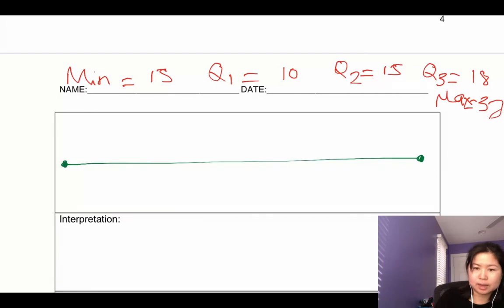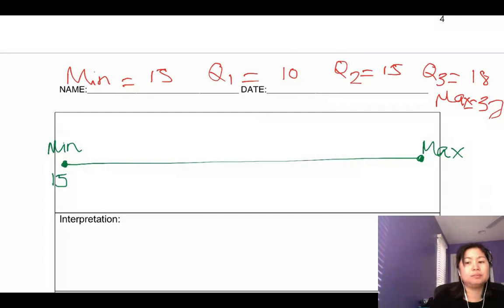This first dot right here represents the minimum. In this case, I know my minimum is 15. This point right here represents the maximum value, which I know is 37. And now for the rest, I plot Q1, Q2, and Q3.